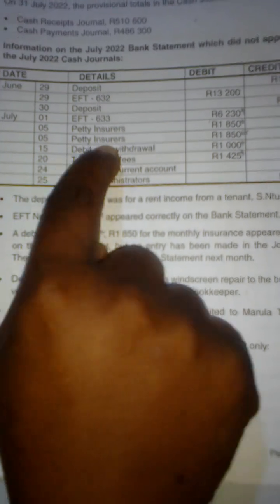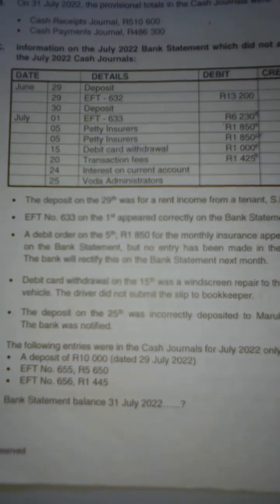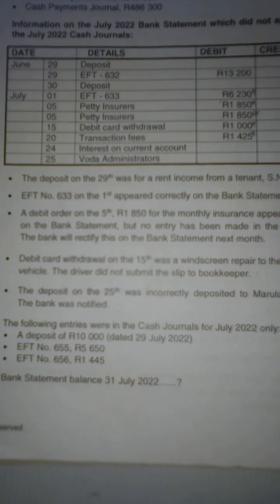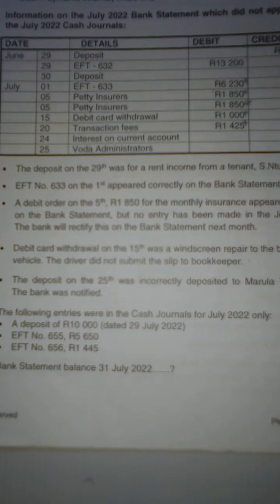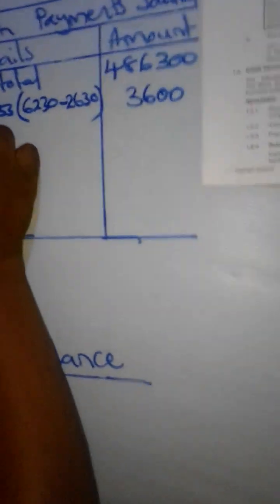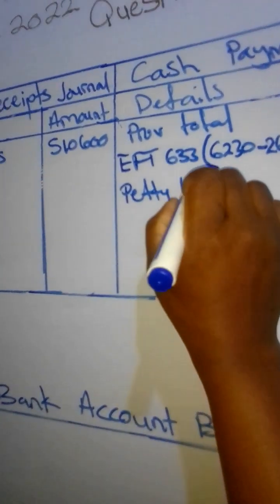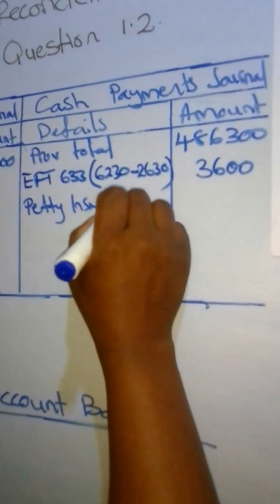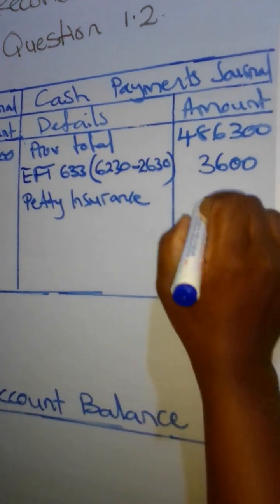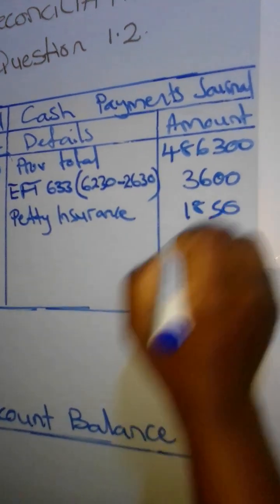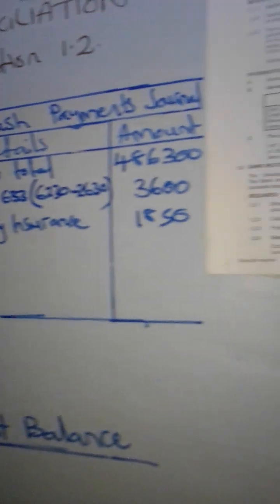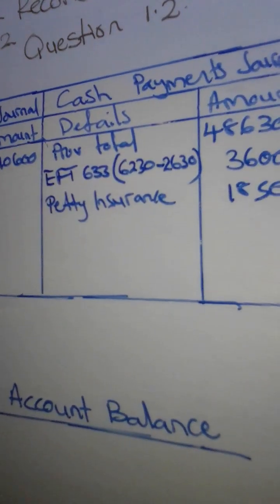The other one is an error, which we are going to record in the bank reconciliation statement. So we are going to record here insurance, the amount is 1,850.